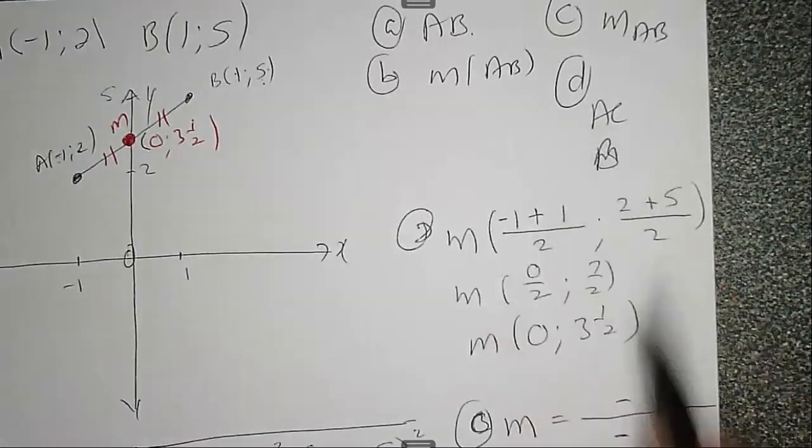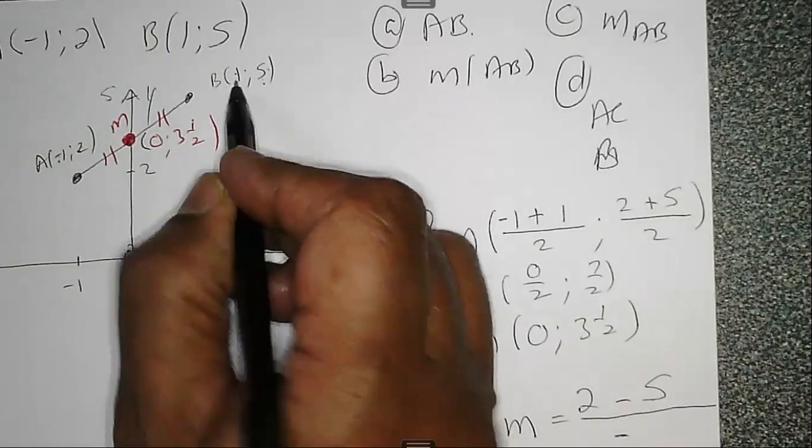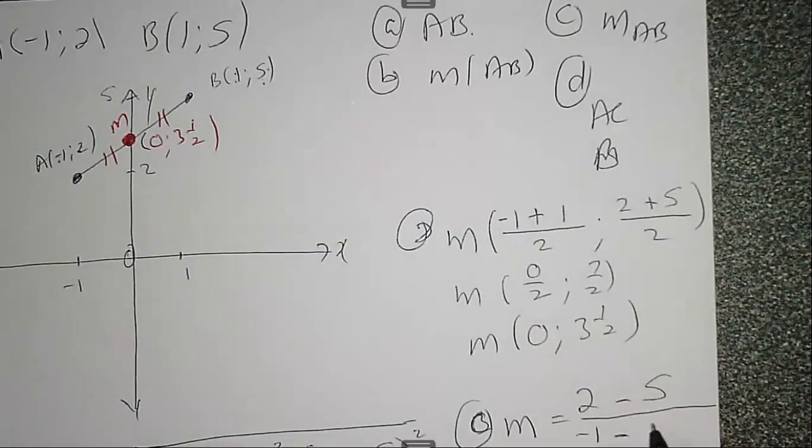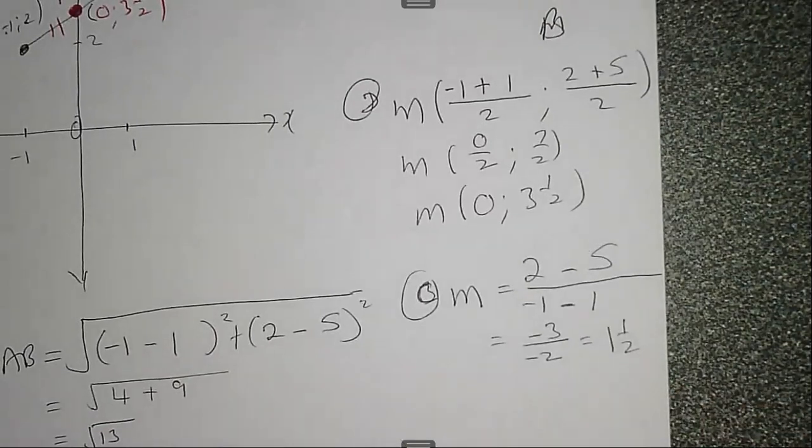It will be 2 minus 5 and -1 minus 1. So there you are, it is 2 minus 5 is negative 3 over negative 2, which of course is positive 1 and a half. So the gradient is positive 1 and a half.